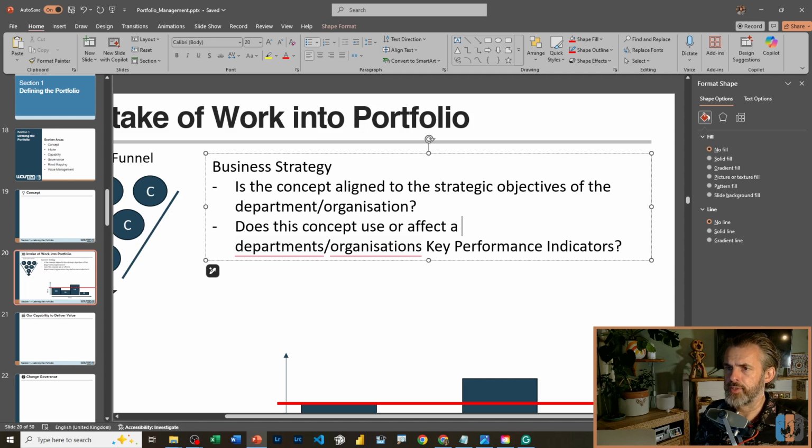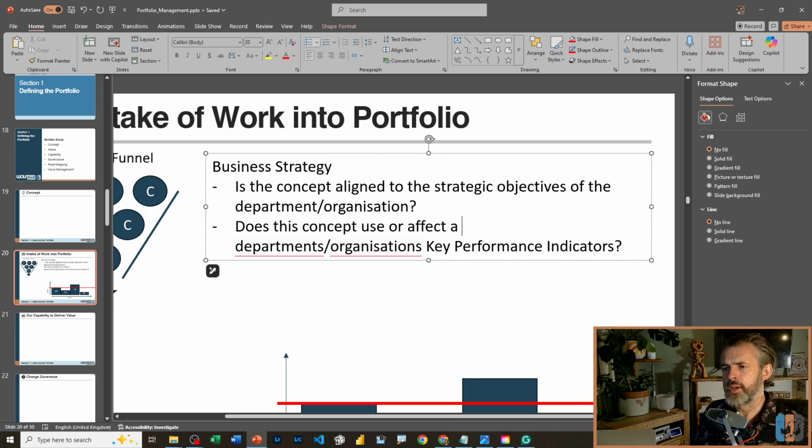So it makes use of it, and affects it. And if we built the report, it would look to improve that key performance indicator. Okay then. So I guess they're probably one and the same in most circumstances.